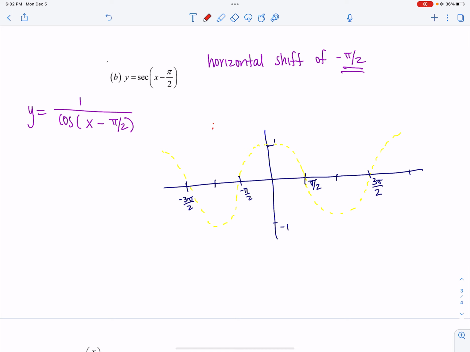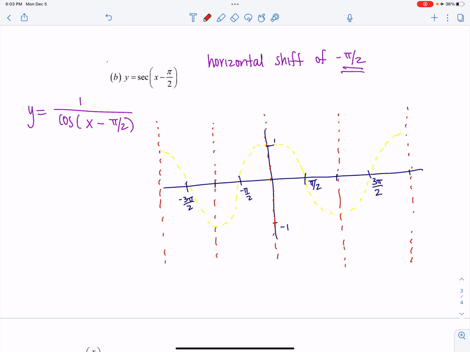So it's going to shift pi over 2. And that's our asymptotes.